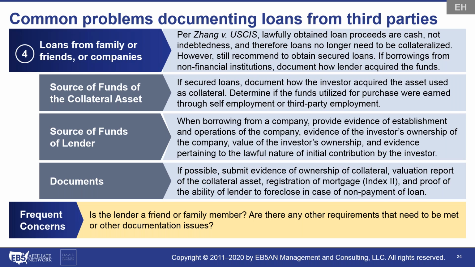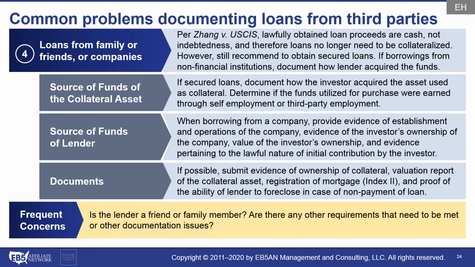So we prepared not only the source of funds documentation to prove that the loan is a legitimate loan issued by the institutional lender or the third-party lender, we also have to prove the source of the collateral, the source of the asset that is being used as collateral. So we have to prepare two sets of documentation, even though the law clearly says, as long as it is a loan, then cash is cash.